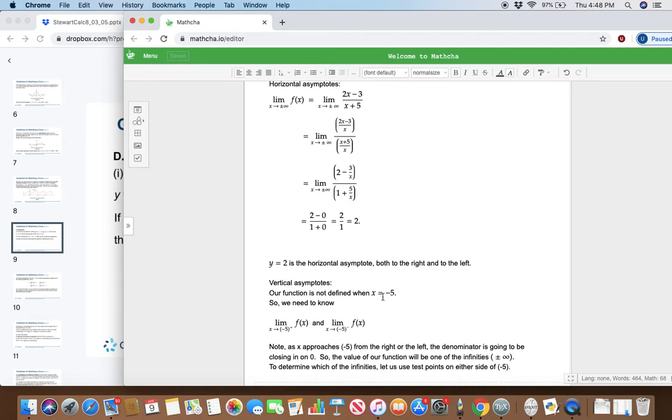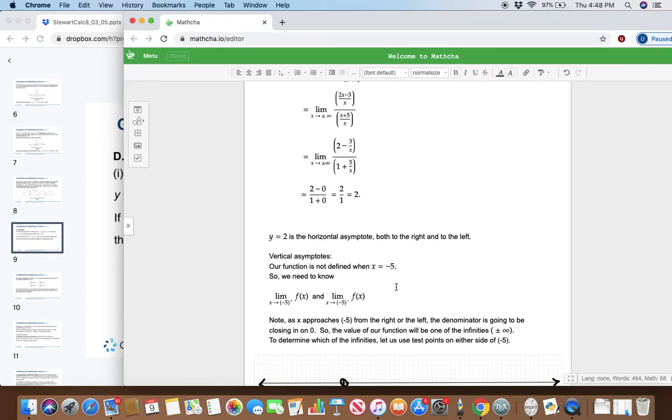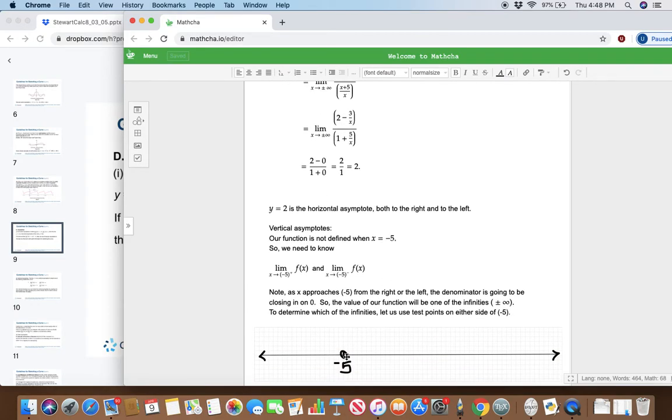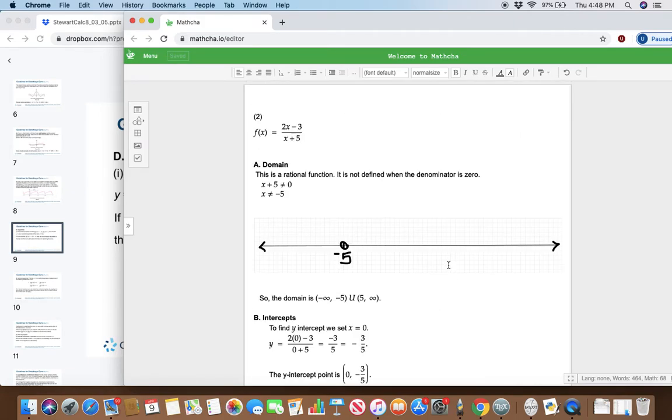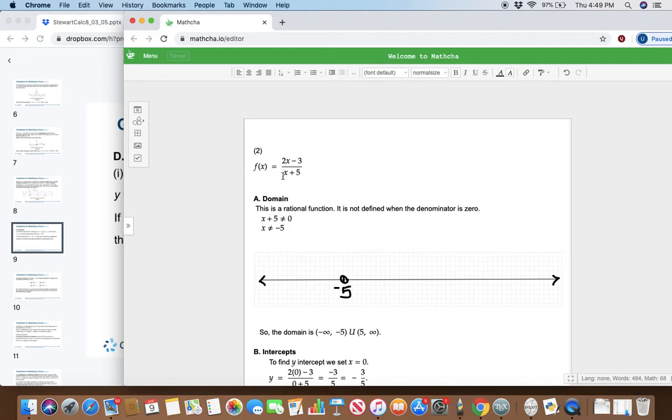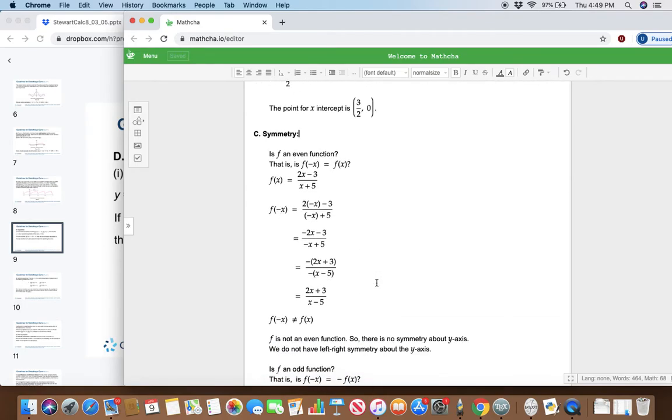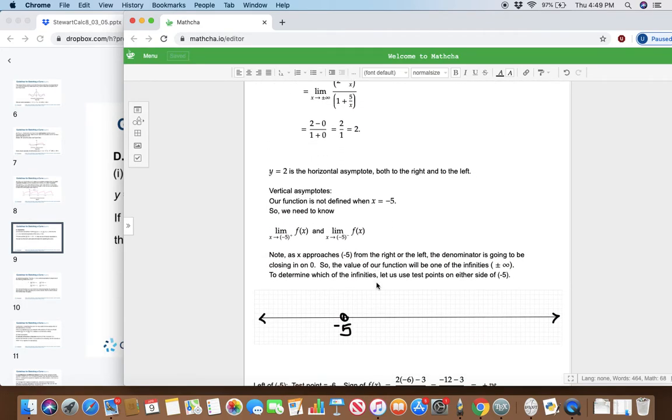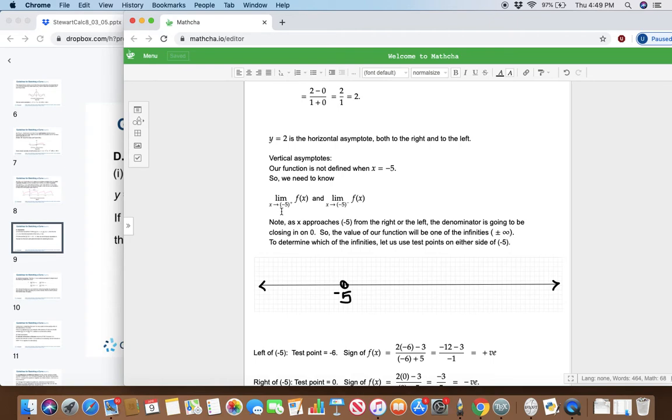What about vertical asymptotes? Well, our function is not defined when x is negative 5. Remember, you had to remove it because it was in the denominator. So you always have to be mindful: does x plus 5 cancel out? Are there any common factors? There is nothing. So this will fetch me vertical asymptotes. I need to take the limit as x approaches negative 5 from the right and from the left.